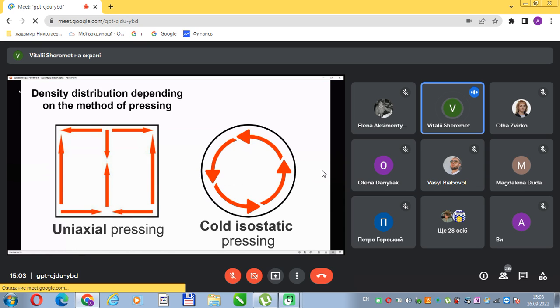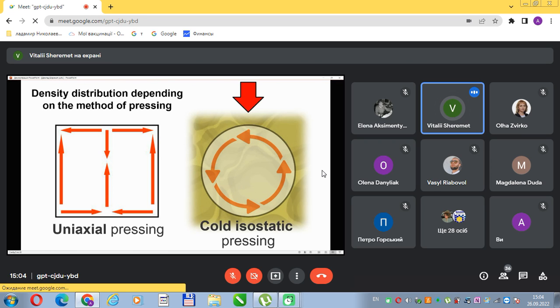With uniaxial pressing, we have the highest density at these points and the lowest density at the bottom of the sample. Of course, we can use two movable punches on both sides, but this does not solve the problem completely. The pressure applied to any part of the enclosed liquid will be transmitted equally in all directions through the liquid. Pascal's law in action. Therefore, the density is uniform over the entire volume of the workpiece.